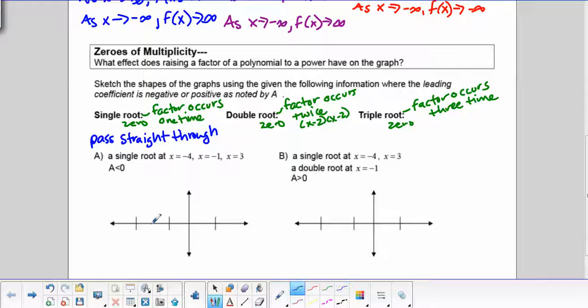We have to adjust our graph a little bit. That looks better. Okay, so we have a single root at -4, and at -1, and at 3. And it tells us A, that's your lead coefficient. So that means your lead coefficient is less than 0, so your lead coefficient is negative.